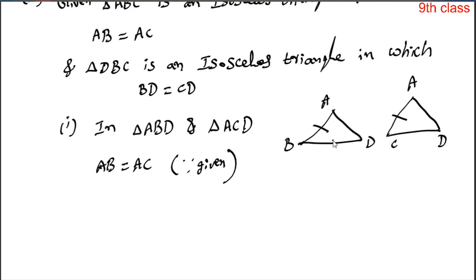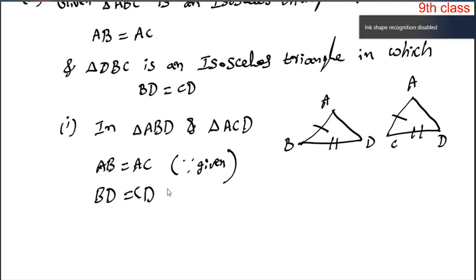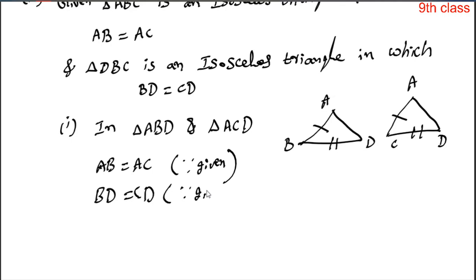Next, BD is equal to CD. Since triangle BDC is an isosceles triangle, BD is equal to CD. This is the given condition.